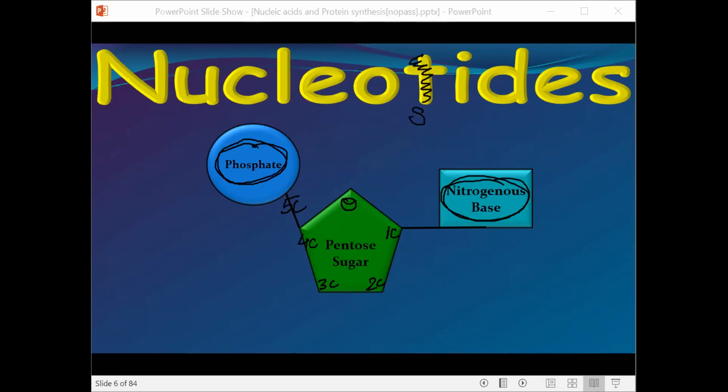Does anyone remember? Now, if I remove this, if the phosphate is removed, what is left is the sugar and this base. Then this becomes your nucleoside. I guess one of you answered correctly. The rest are all sleeping.